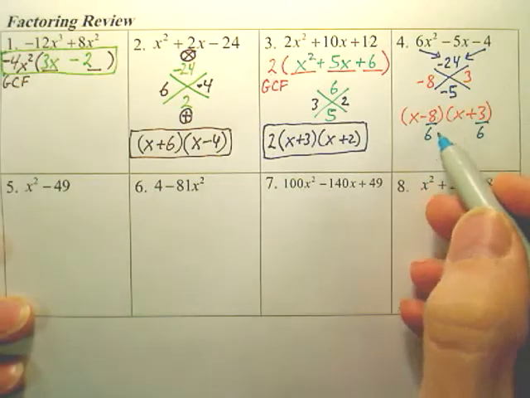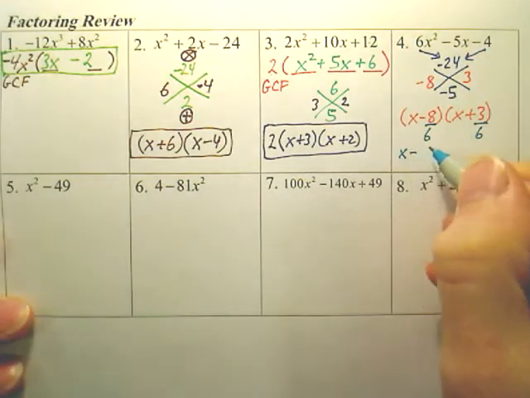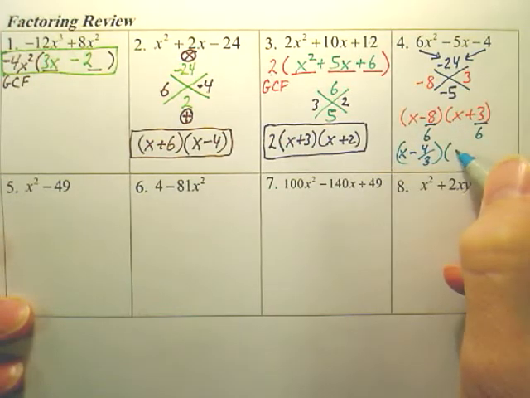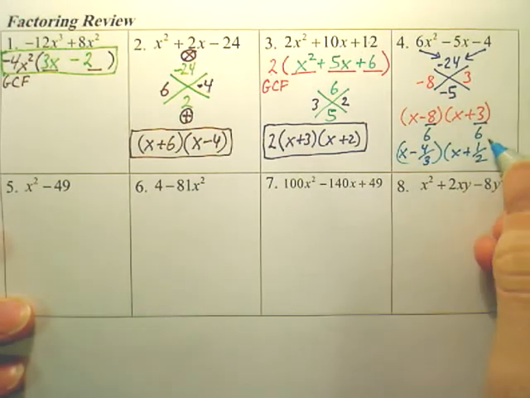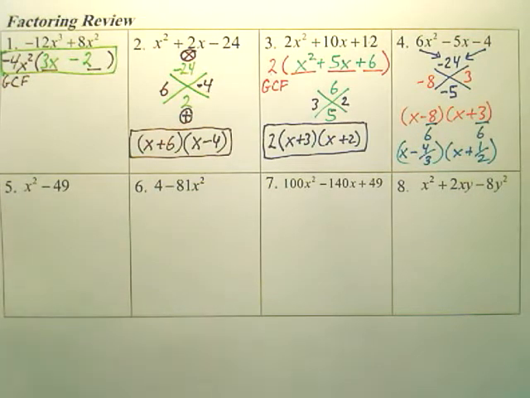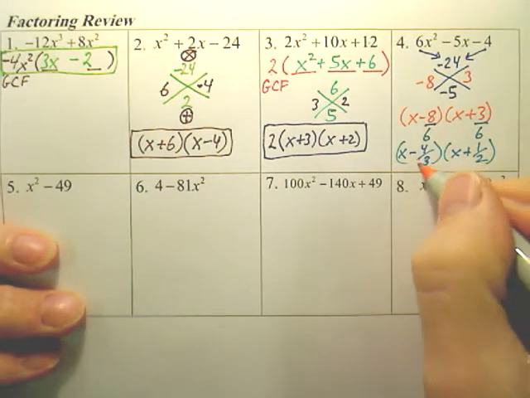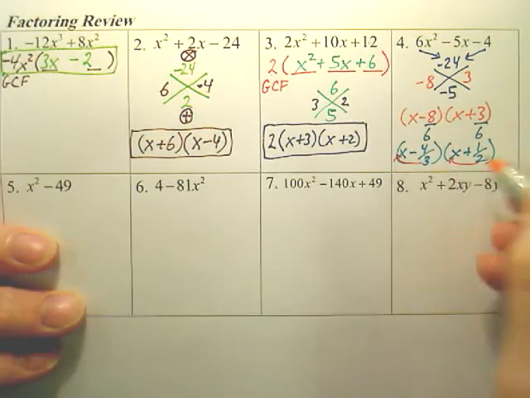Now I reduce my fractions. So 8 over 6 reduces to x minus 4 thirds. And 3 over 6 reduces to 1/2. Running out of space here. This fraction does not reduce anymore, so you take it and bring it up. And this fraction doesn't reduce, so you take this and bring it up.